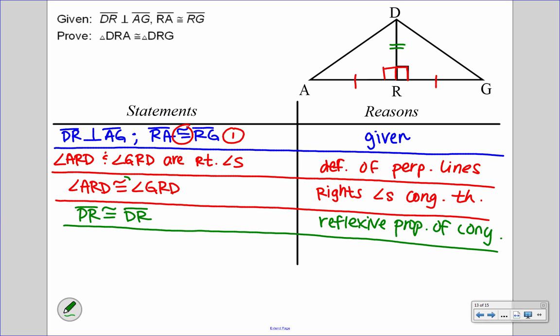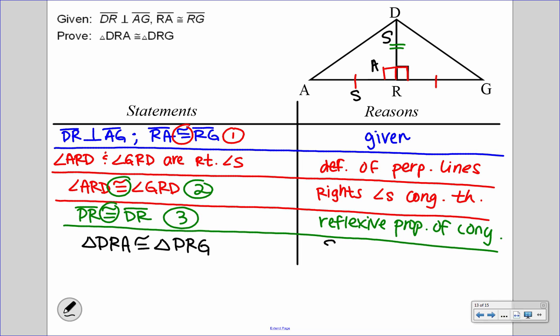We have a second one right here, and a third one right here. Okay, so we're ready to prove. So we can write that down, that triangle DRA is congruent to triangle DRG. And let's look at this. We have one side, one angle, and one side. So this is going to be a side angle side for that one.